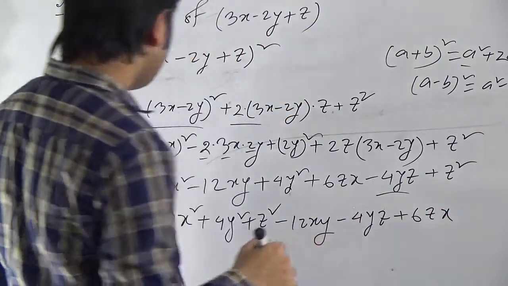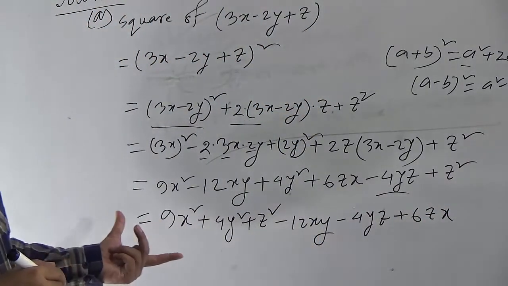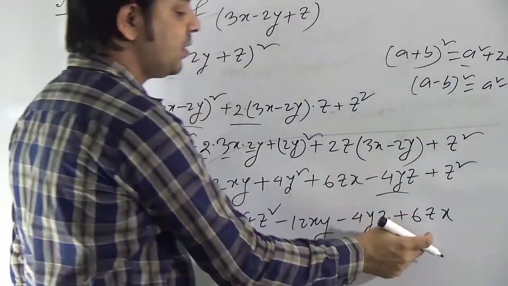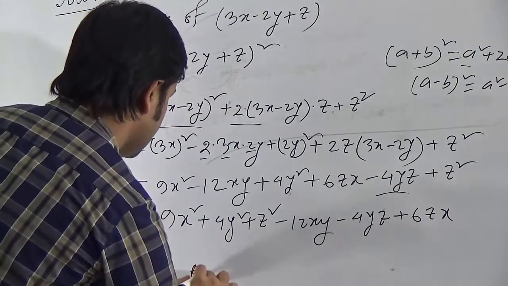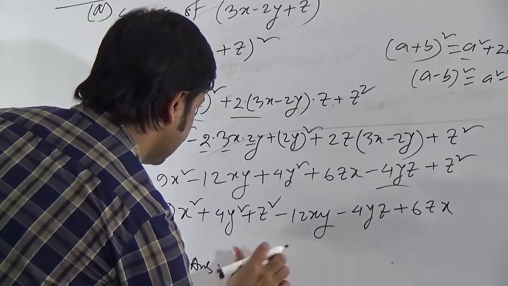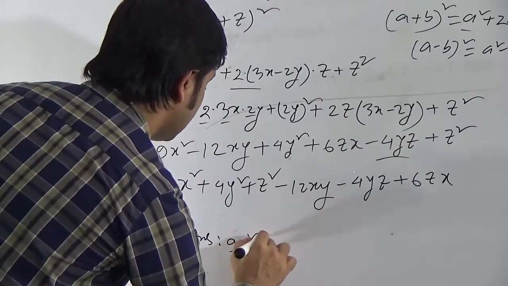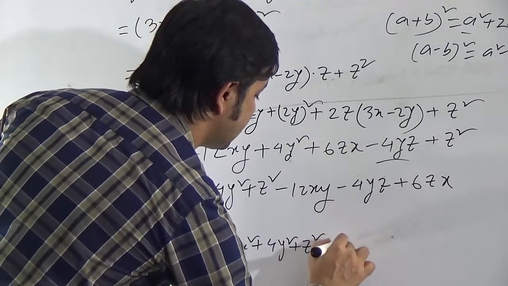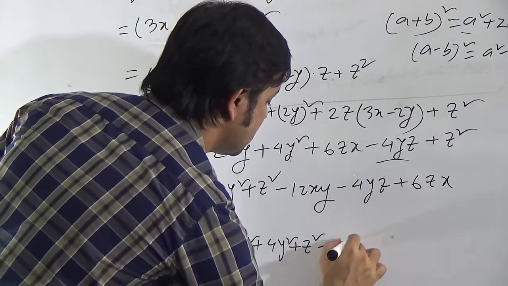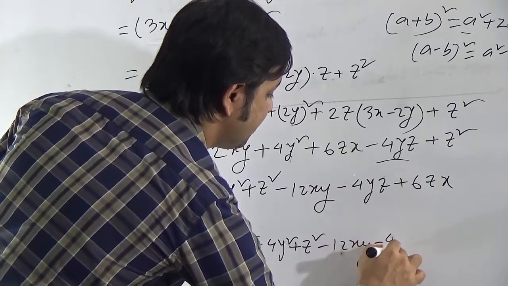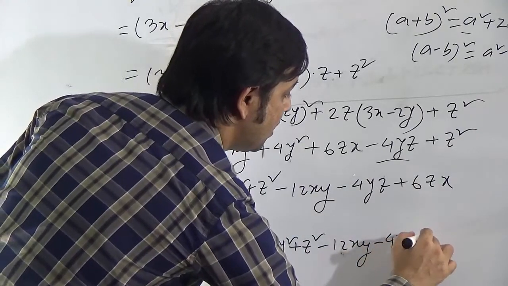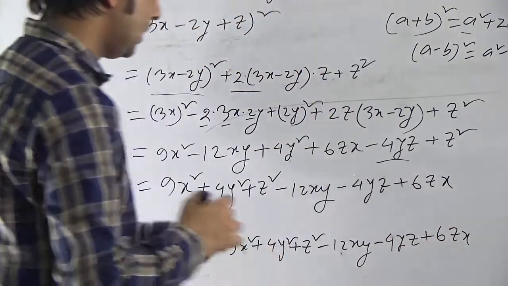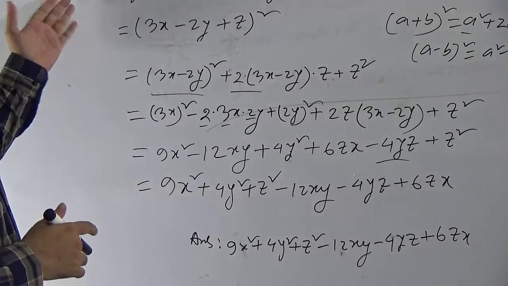So we can say our required square of the given term is this. So we can write the answer. Answer is 9x square plus 4y square plus z square minus 12xy minus 4yz plus 6zx. I have done question A.